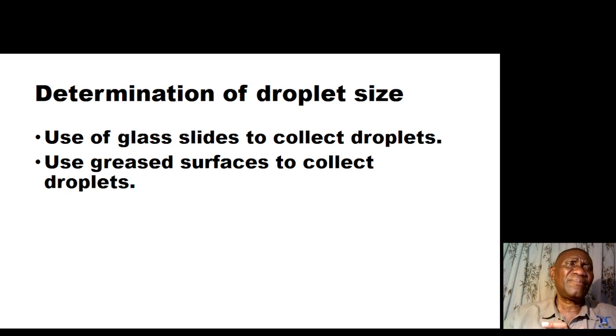So just remember that it is important to understand the droplet size, and it can link to the type of nozzle which generates these droplets. Because if you want small droplets, you have to choose that nozzle which gives you small droplets.